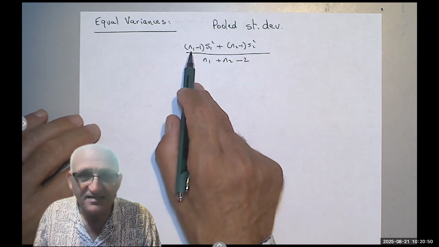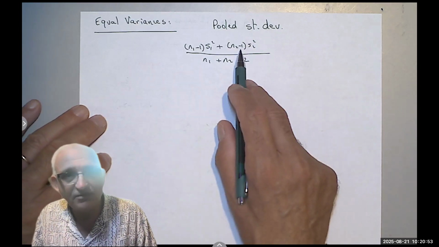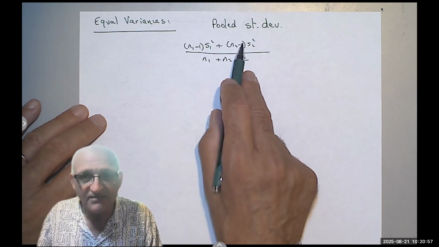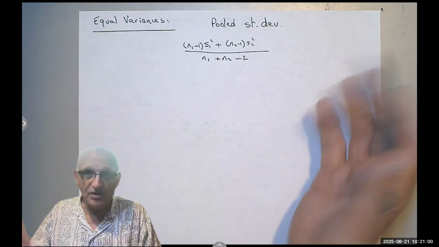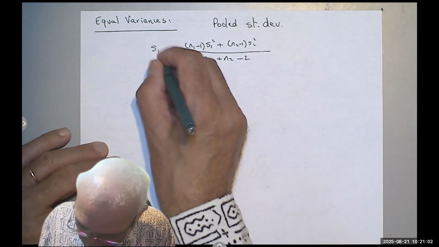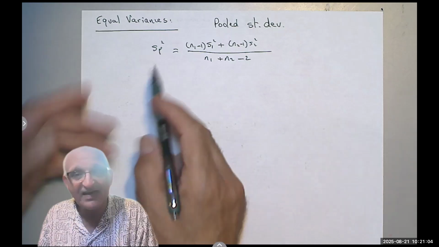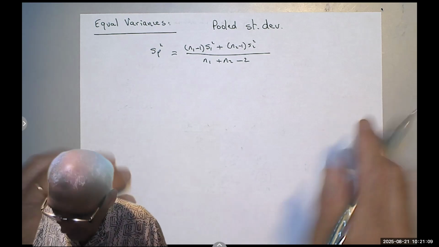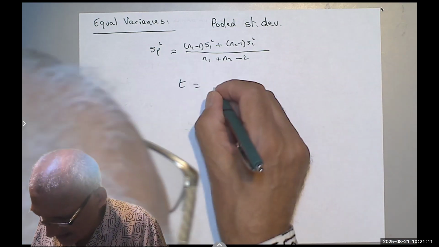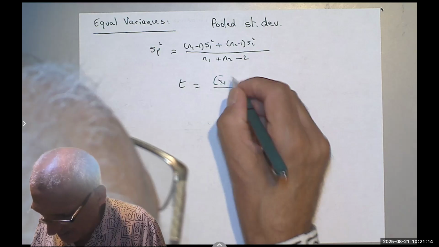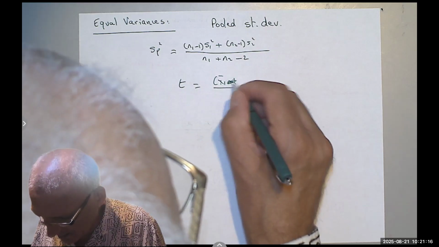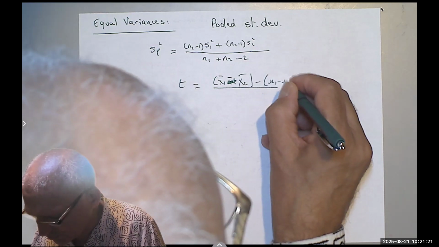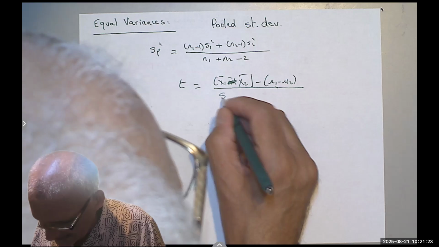And if I select, say, 10 parts from here and 7 from there, I would multiply that by 9 over 9 plus 7, and this by 7 over 9 plus 7, just the weighted average. And that would be SP square, the pooled variance. So when I do the t, I say the t is x1 bar minus x2 bar minus mu1 minus mu2 over SP.